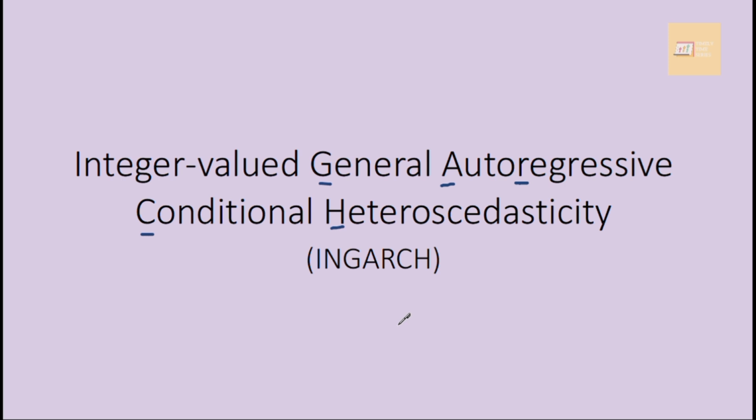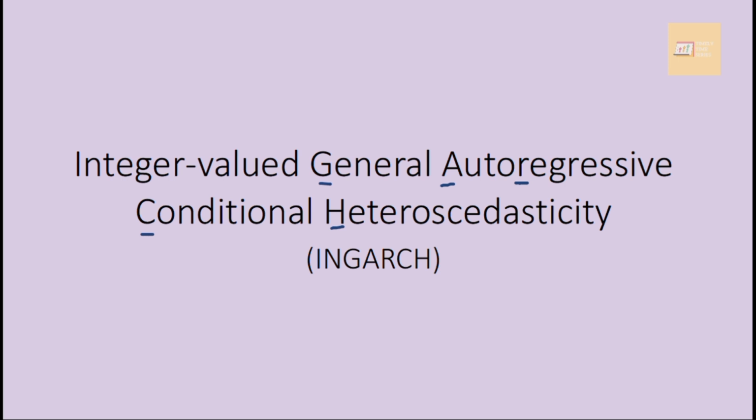So it might seem like INGARCH is an extension of GARCH, but specifically designed for integer valued data. Well, to a certain extent, it might have some similarities in a way that they have hierarchies. But I don't know, I feel like INGARCH is more similar to state space models rather than to GARCH.